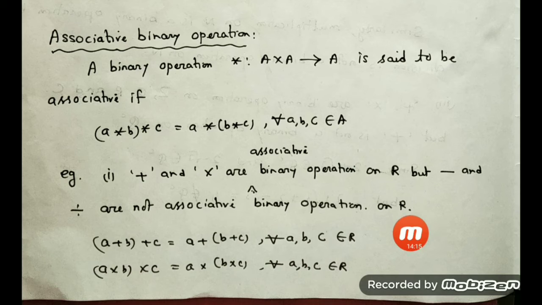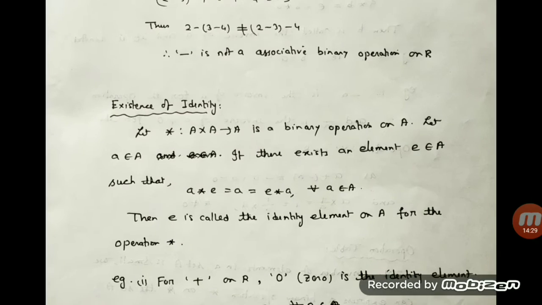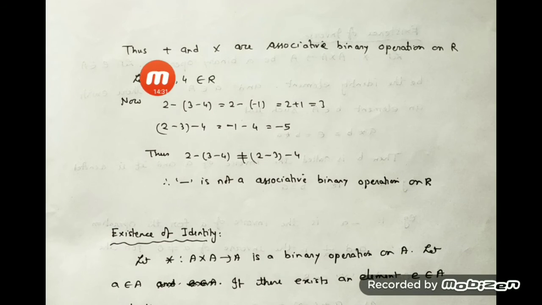You don't have to give any example. Same is true for multiplication also, (A into B) into C is equal to A into (B into C) for all A, B, C. So since it is yes, but for the not, we have to give examples.